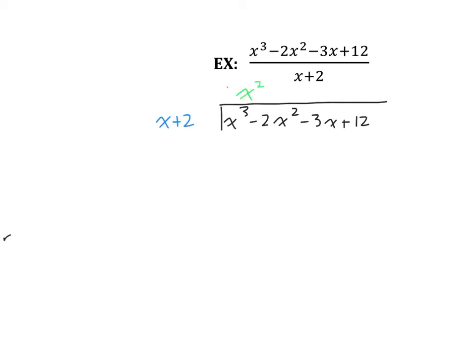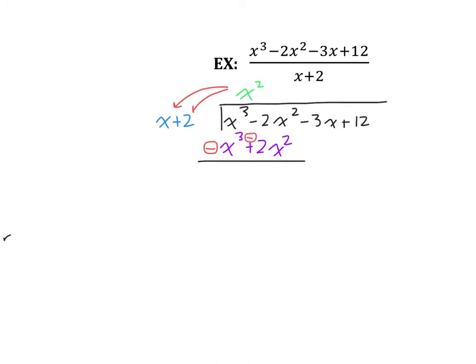So now we're going to multiply this x squared by each thing over here. So x squared times x is where we get x cubed. x squared times 2 is where we get plus 2x squared. But now we go through and change the sign of everything because we're subtracting these quantities.